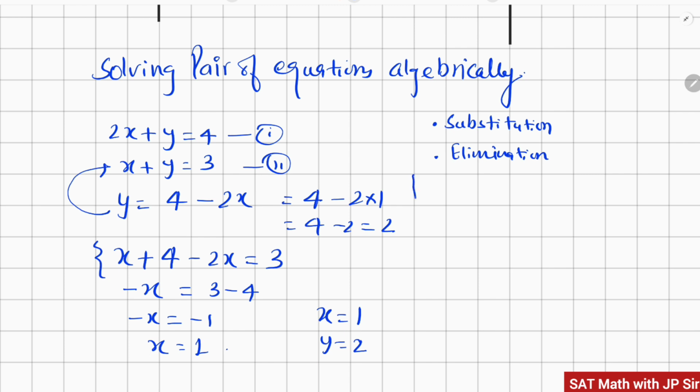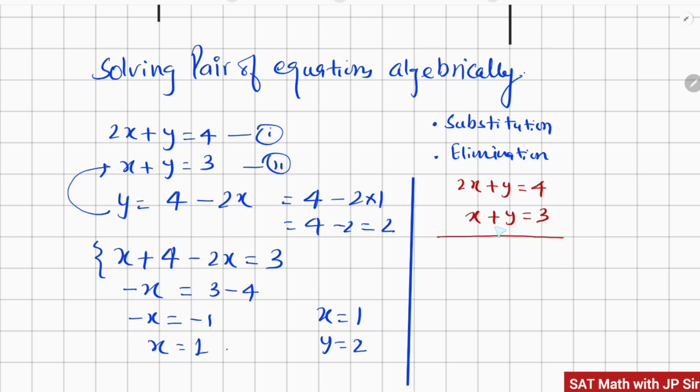Now the elimination method. In the elimination method, we make sure that the coefficient of one of the variables is the same. Here we already have the coefficient of y as 1 in both equations. So we have 2x plus y equals 4 and x plus y equals 3. Now pay attention.